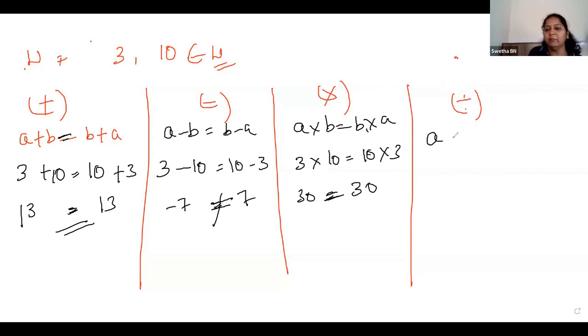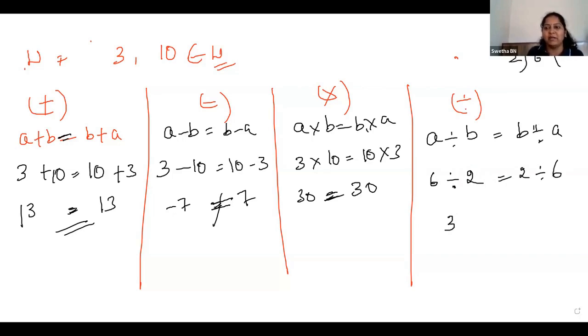Next, let us do division. A divided by B is equal to B divided by A. Will we get the same answer here? No, we won't get, because look, 6 by 2 is equal to 2 by 6. See, what is 6 by 2? We know it is 3. Right? 6 divided by 2.